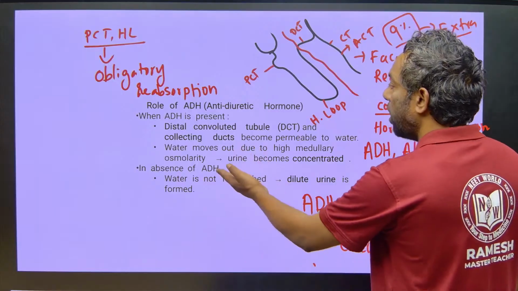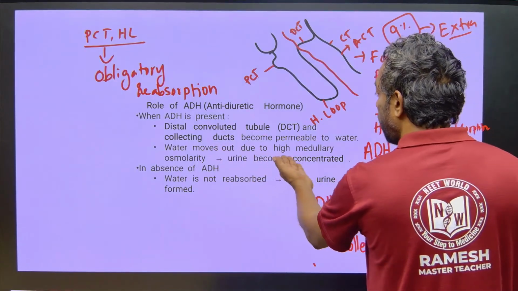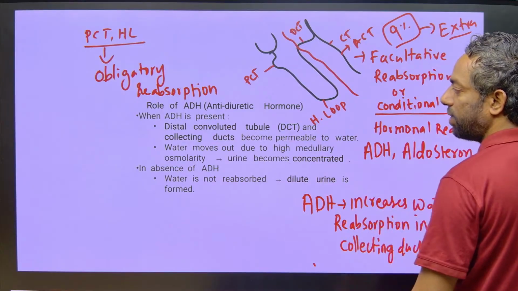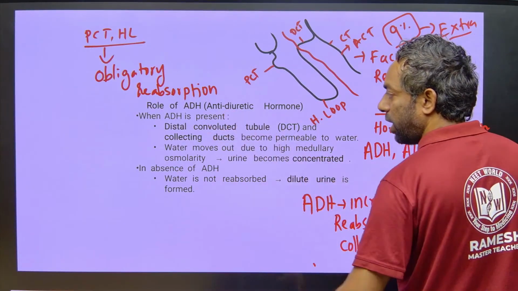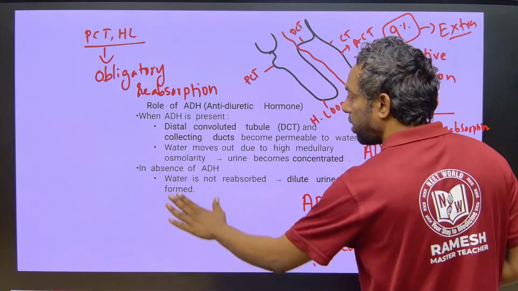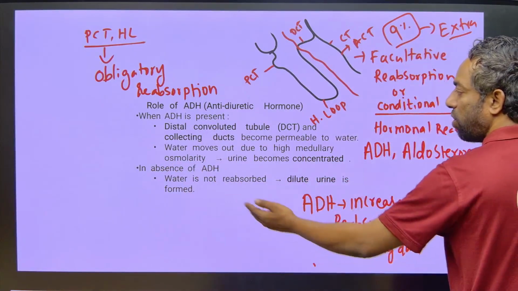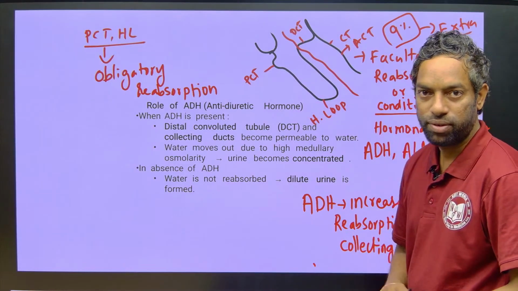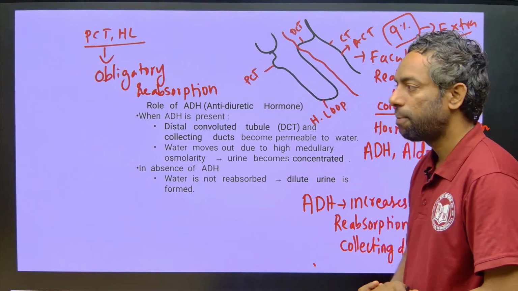The water moves out due to high medullary osmolarity, and urine becomes concentrated if ADH is there. If ADH is absent, water is not reabsorbed and dilute urine is formed. This is important, guys.